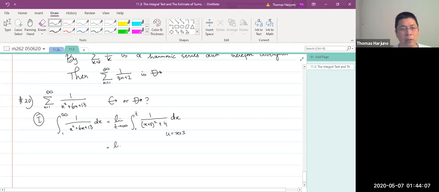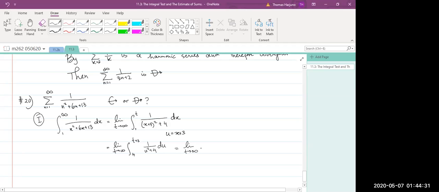So I get limit t goes to infinity of, instead of 1, now it becomes 4, and the upper limit is t plus 3, of 1 over u squared plus 4 du. And if you remember, that equals 1 over 2 tangent inverse of u over 2, from 4 to t plus 3.